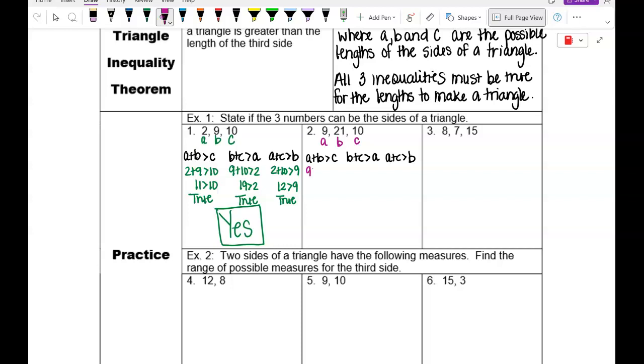So the first one, 9 plus 21 greater than 10. 9 plus 21 is 30. 30 is greater than 10. So that is a true statement.